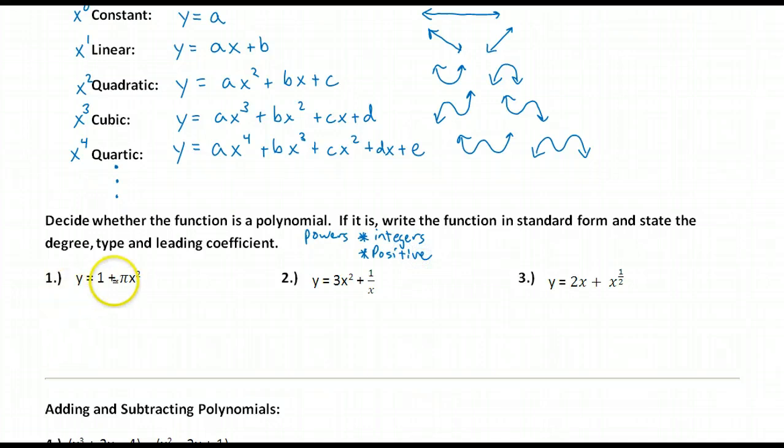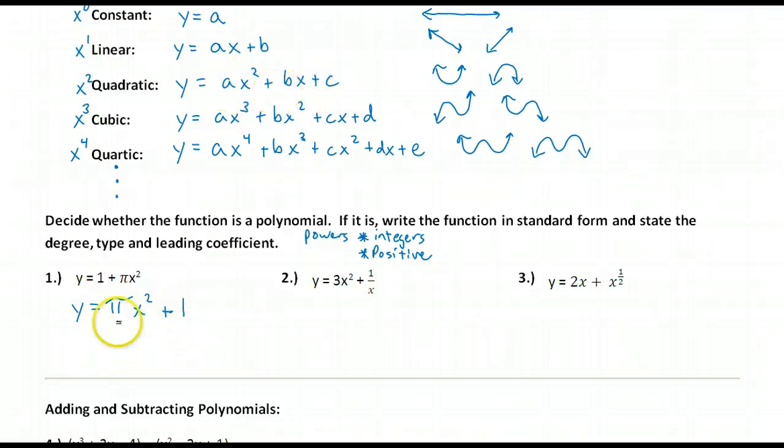If we look at our first problem, if I were to write this in standard form, where my degrees go in descending order, I'm going to have pi x squared plus 1. In this problem, I don't have an x to the first term. I just have my ax squared plus c. I have pi x squared plus 1.